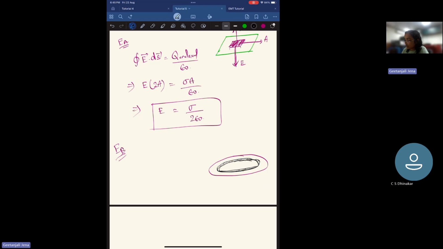So we have a circular plate of minus sigma and the procedure is the same. You can take the distance r. We have a small area, and this is y. This distance is r.